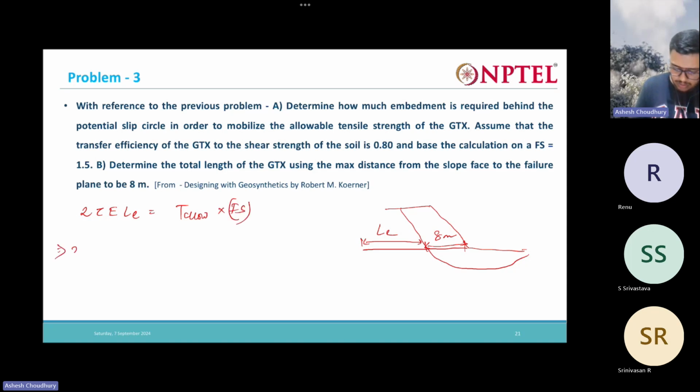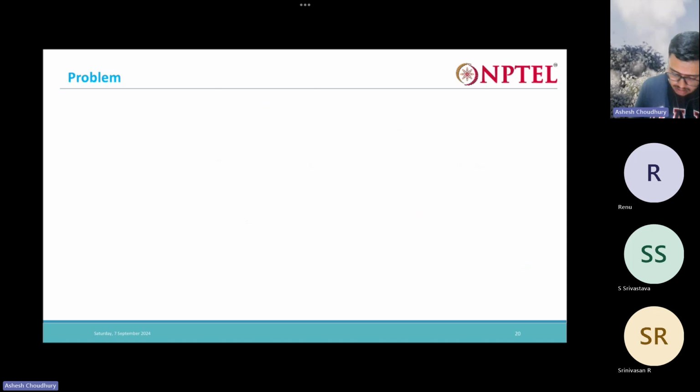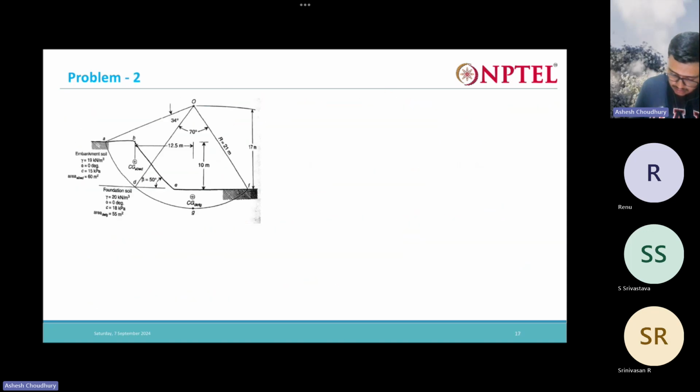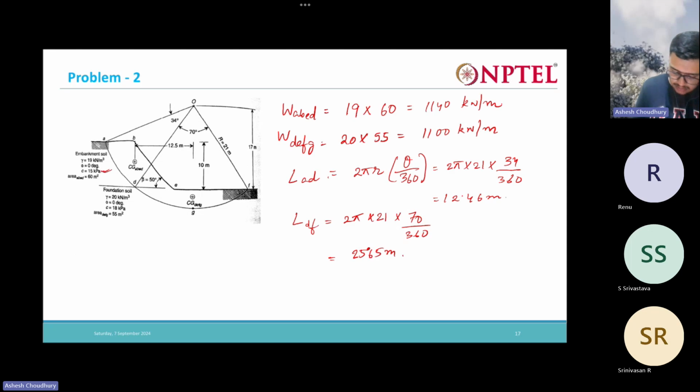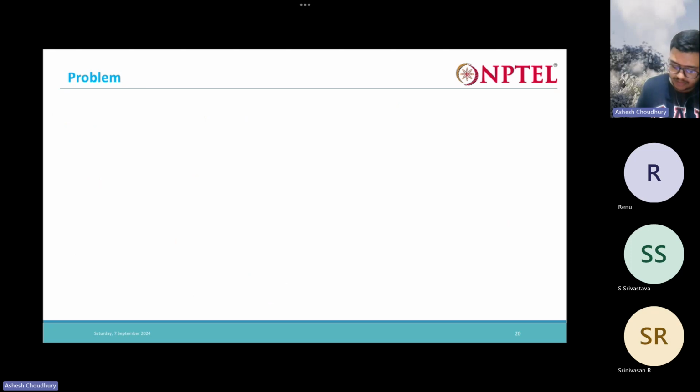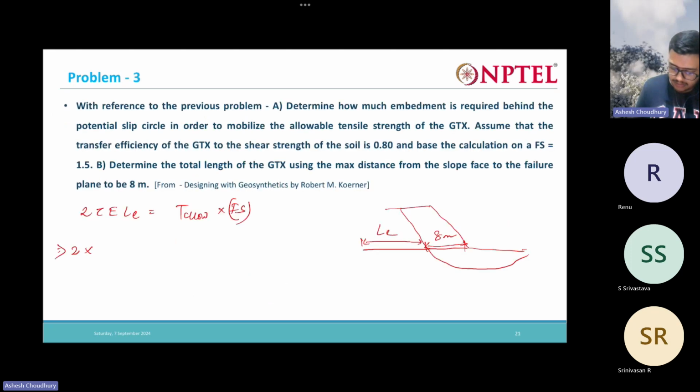Okay, 2 times the frictional resistance. As it is a completely cohesive soil, the cohesion here is 15 kPa.